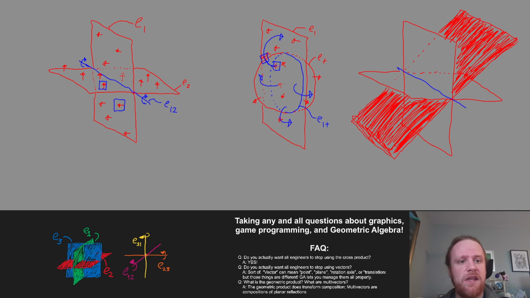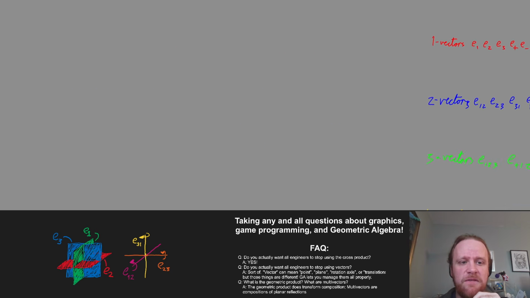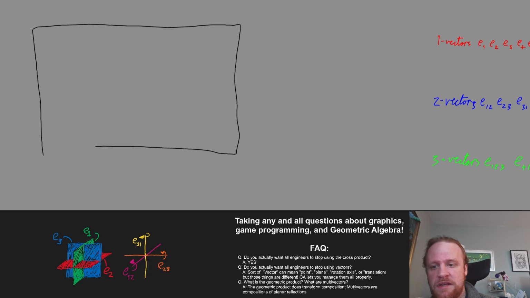So, here's E1, here's E2, and here is E1 plus E2. It might help. Let's go down to 2D CGA for a second. We're going to draw a sort of picture frame to remind ourselves that we're thinking about just the world of 2D. We're going to think about the world of 2D a lot.